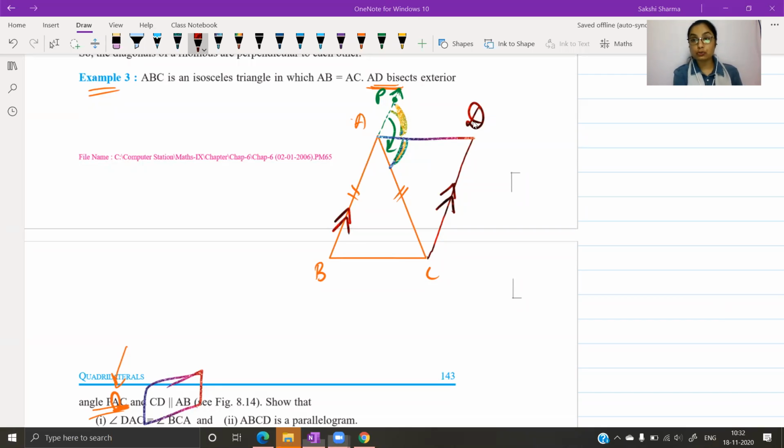Bisection means division into two equal parts. So here they have said that the exterior angle is being bisected. So there is a line segment. Let us simply say there is an angle ABC. If it is being bisected, it means whatever is the measure of this angle, you have to divide it into two equal parts.